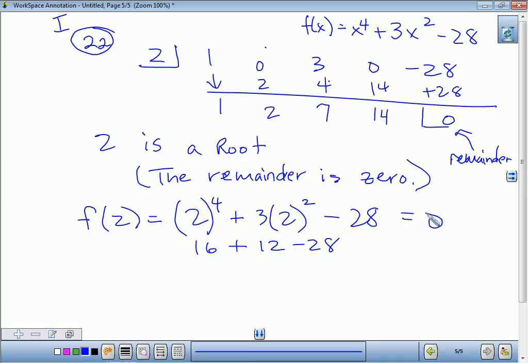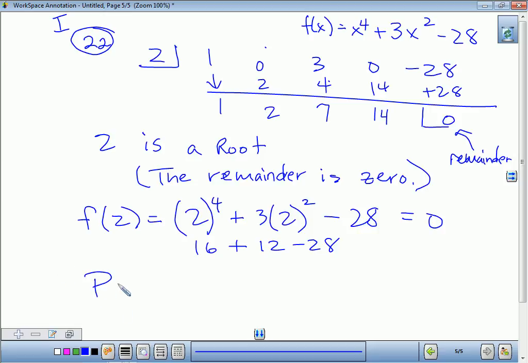Do you see I get out 0? That's the other way to do it. So we could do the synthetic division, or we could use the remainder theorem and get 0. And if there's no remainder, it is a factor. It is a root.